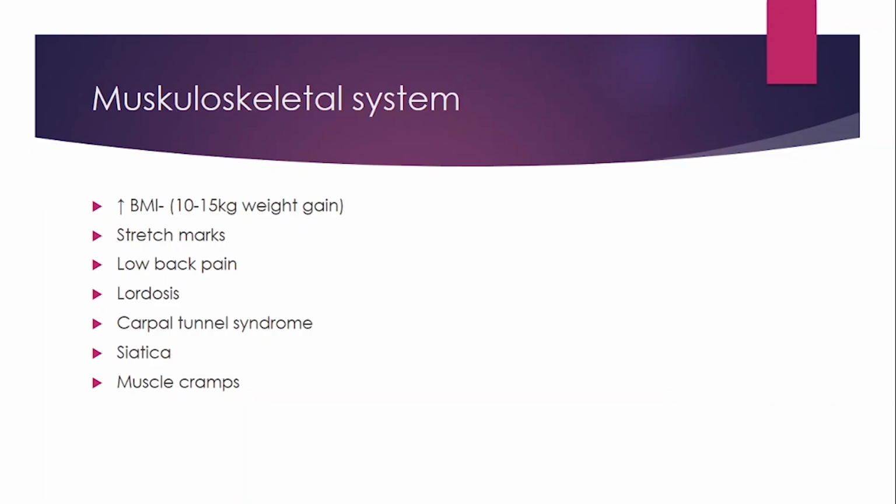In the musculoskeletal system, there is an increase in body mass index with an average of about 11 to 12 kilogram weight gain throughout the entire pregnancy period. We also have development of stretch marks on the abdomen, and most of these women experience low back pain from lordosis and abdominal protrusion.